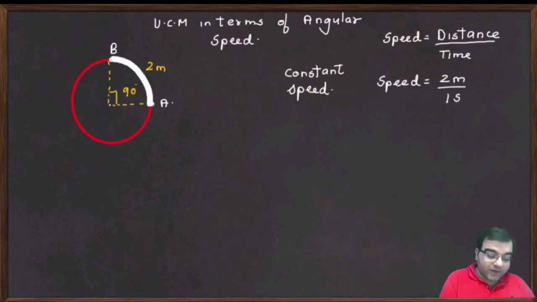Now at this time, what is the angle covered? The angle covered is 90 degrees. So from A to B, it took 1 second, the distance was 2 meters and the angle covered was 90 degrees.